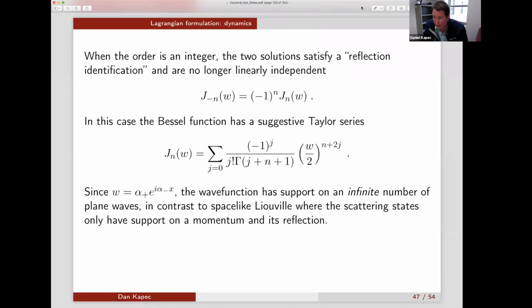You need to put a 1/2 there. So there is a halving of the spectrum, just as there is in space-like Liouville theory. I worked for a long time trying to see if there was a more quantum field theory actual derivation for that fact, but this was basically as close as I could come.